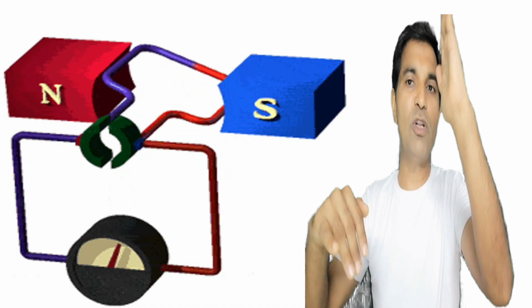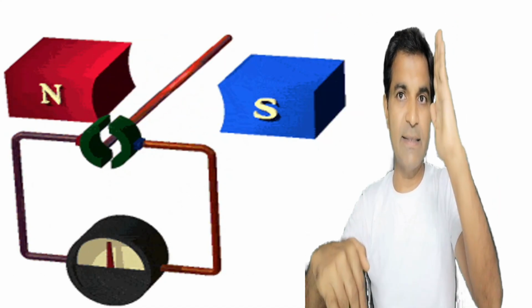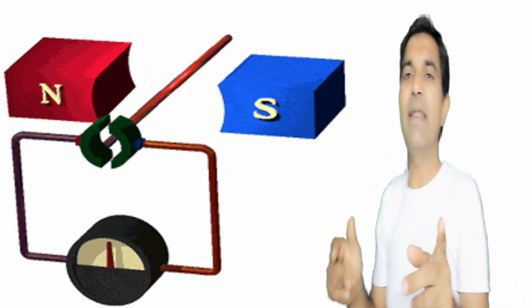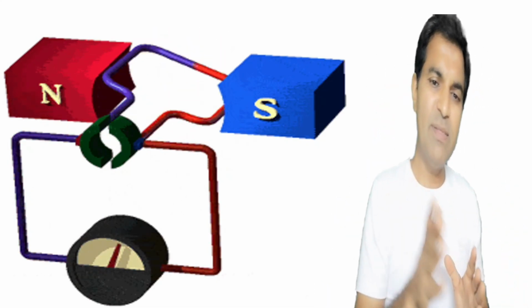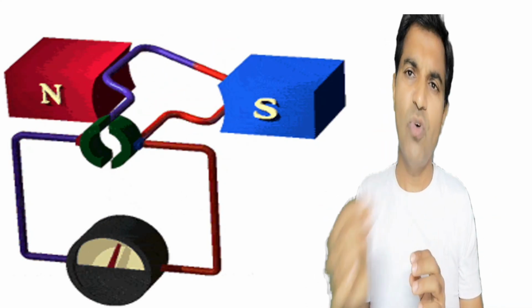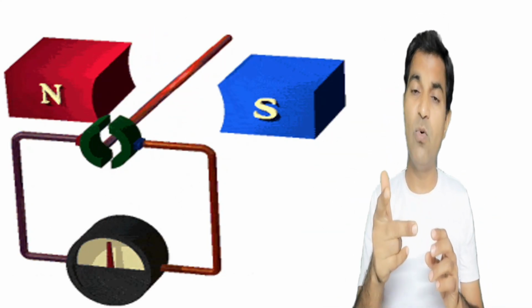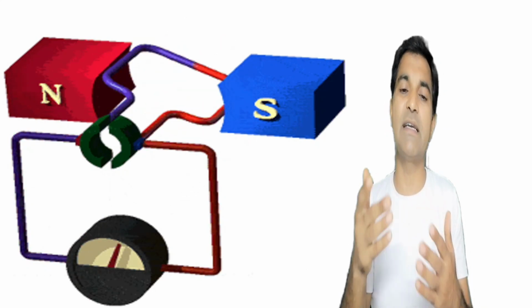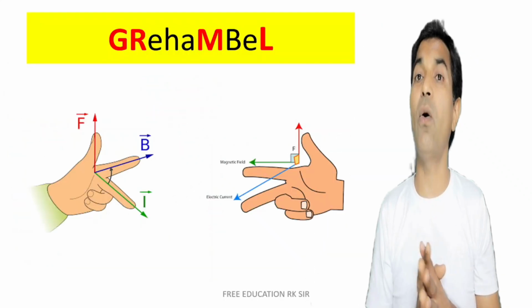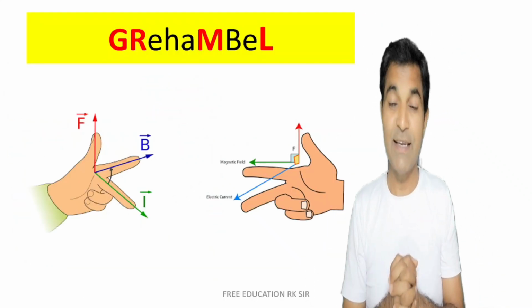Upward movement near the North Pole and downward movement near the South Pole. So according to Fleming's right hand rule, the direction may be given. With the help of this animation, it is very clear to observe the direction, but you yourself will have to try to find out the direction generated in the generator with the help of Fleming's right hand rule. Now it is confusing, isn't it?